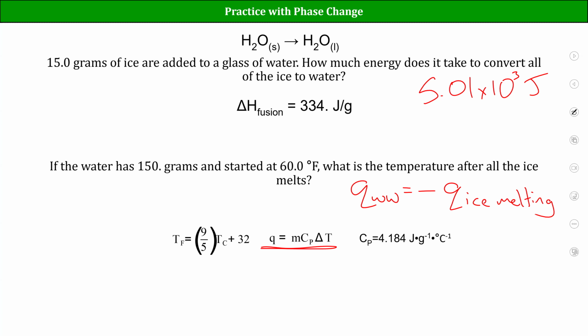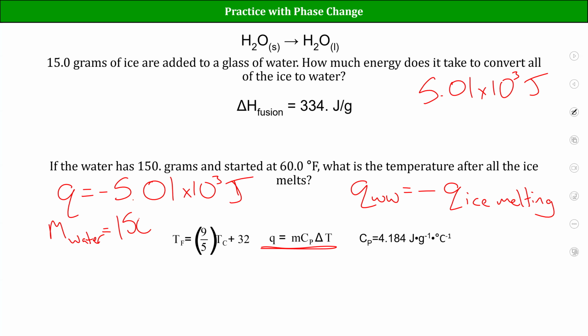So if it takes 5,000 joules to melt the ice, the warm water lost 5,000 joules. So Q is equal to negative 5,000. CP is a given, mass of water 150 grams.